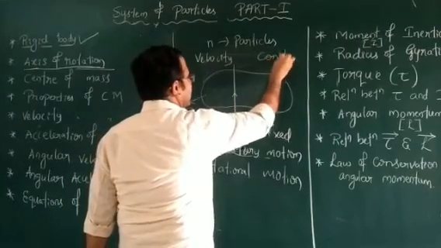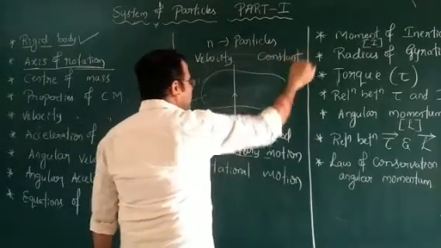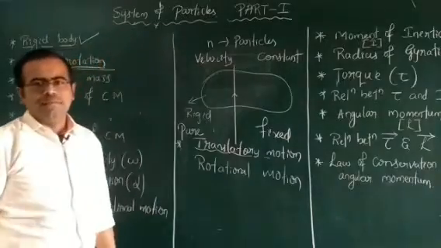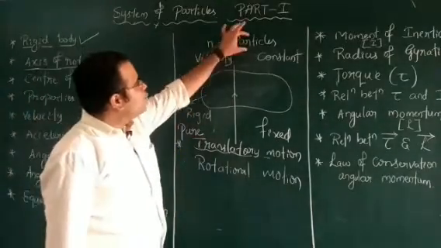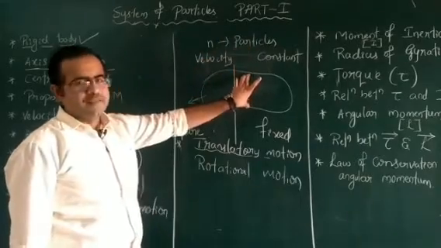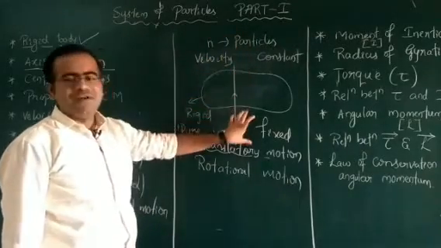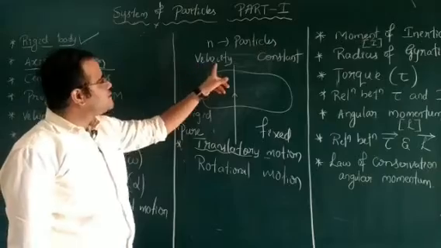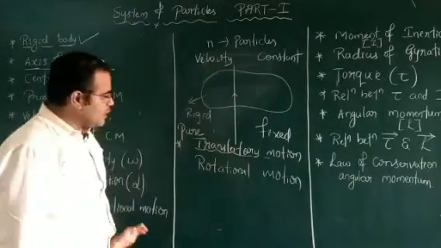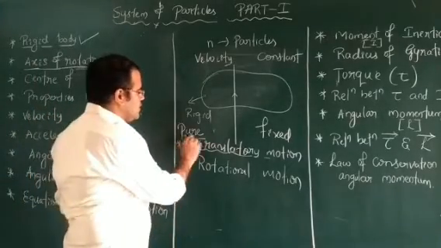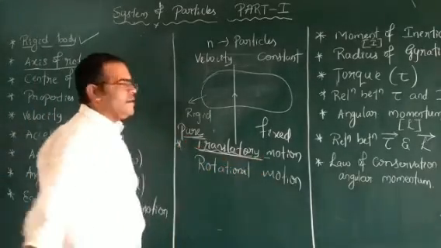So this we consider as a pure translatory motion. In pure translatory motion, every particle of a rigid body is executing the same amount of velocity. That kind of motion we consider pure translatory motion.